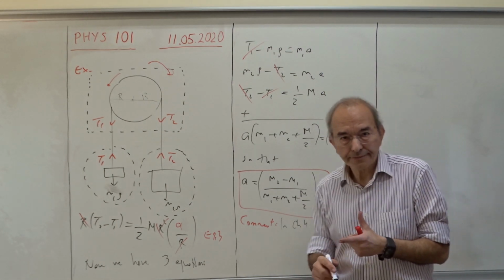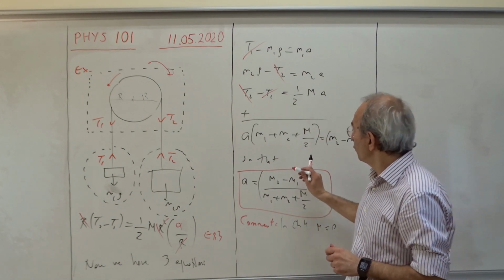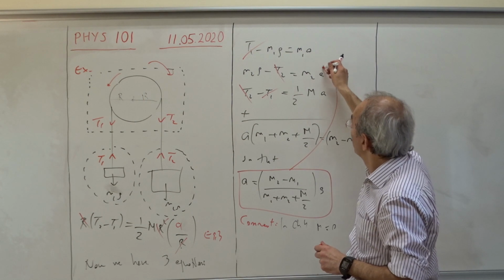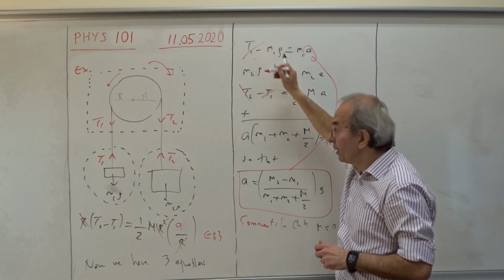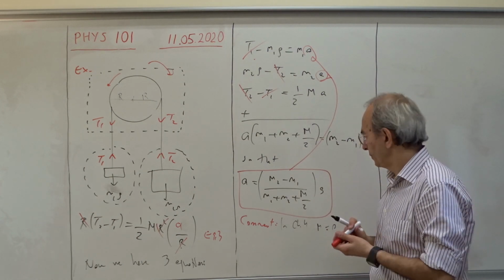What about the tensions? It is easy again to put this A in. For example, if you put this A here, you can find T1. If you put it there, you can find T2. Let me do it here.